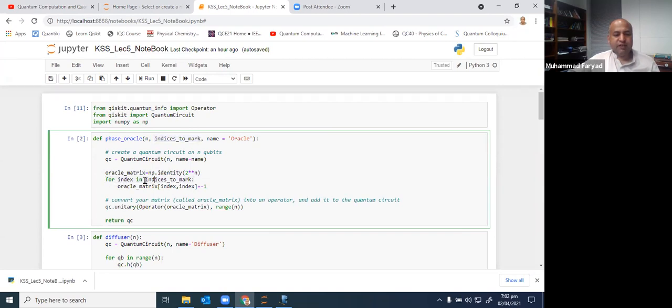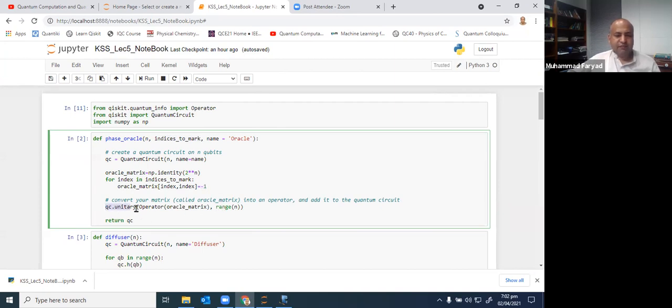Whatever the list that we send here, I'm just iterating with this variable index over it, and those entries of this identity matrix are being marked -1, which correspond to my solution.